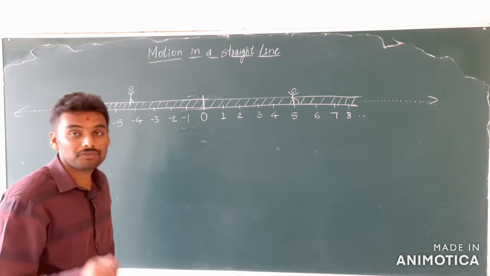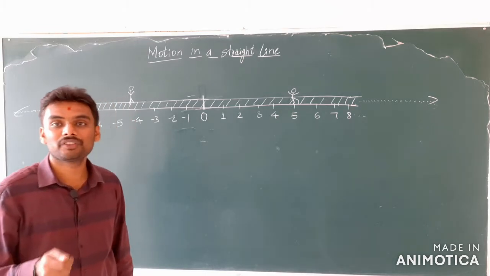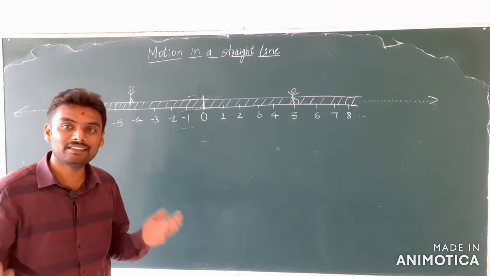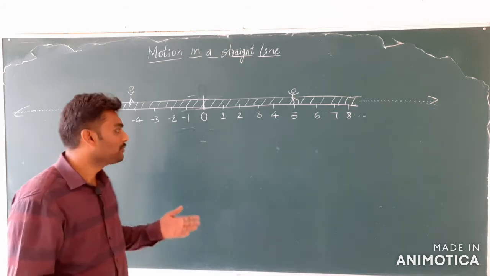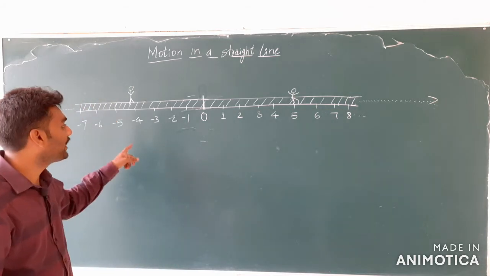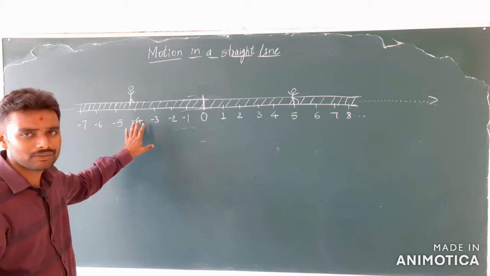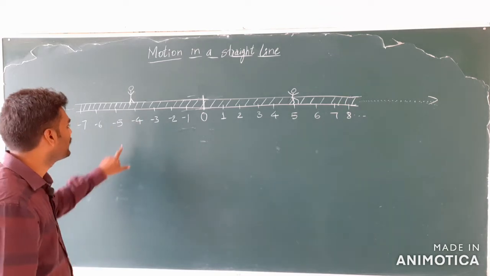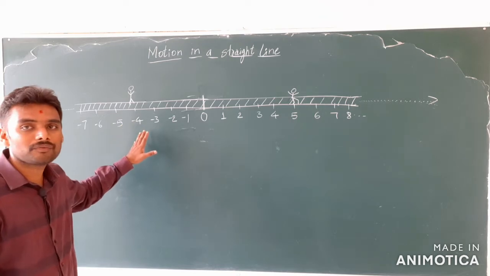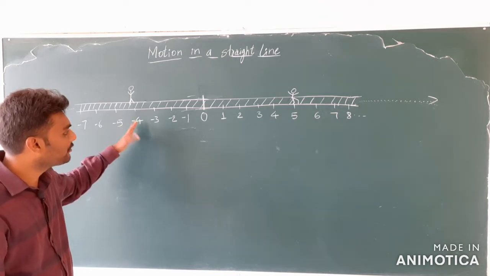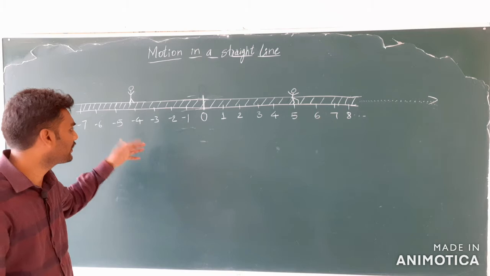So now, if you are asked, where is the person standing? Now you can very easily say, the person is standing at minus 4 units. We have not yet decided the units, but it's fine. Unit can be meter, centimeter, kilometer, anything. We can decide it later.